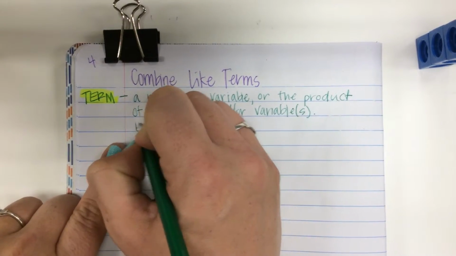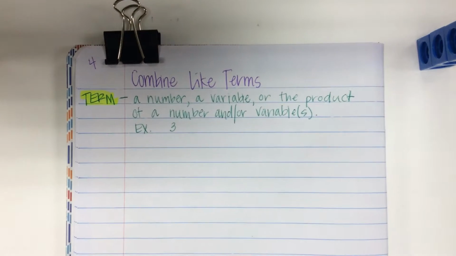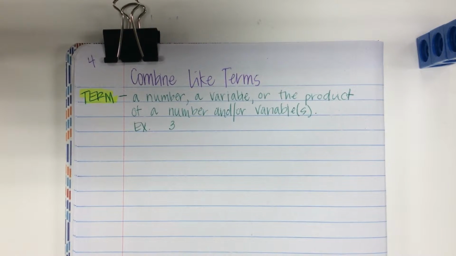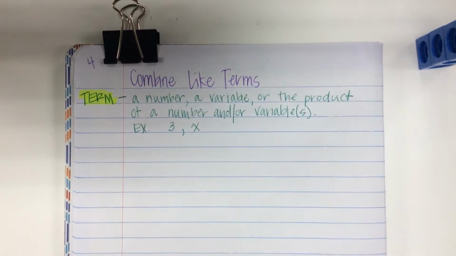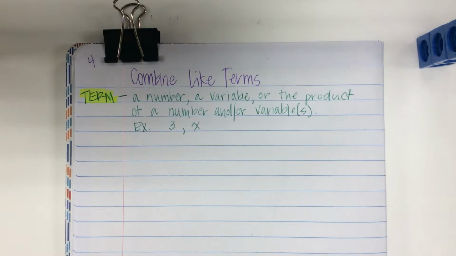Examples. 3 is a term. Why is 3 a term? What is it, Sam? It's a number. X is a term. Kylie?